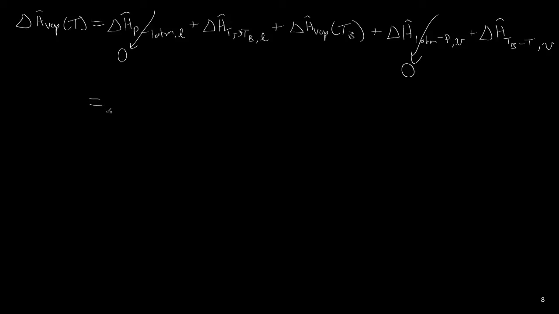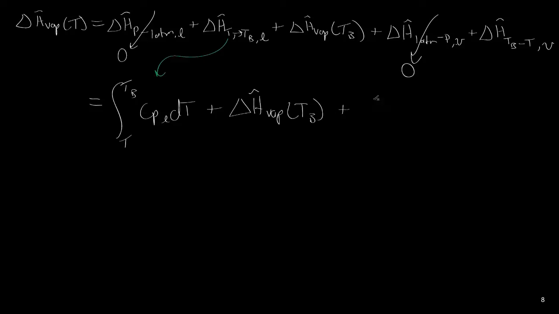So introducing C sub p into this process, we can write the delta H going from T to TB as the integral of C sub p of the liquid dT, plus the delta H of vaporization at the normal boiling point, plus this last enthalpy contribution here, which is the integral going from TB to T of C sub p of the vapor dT.